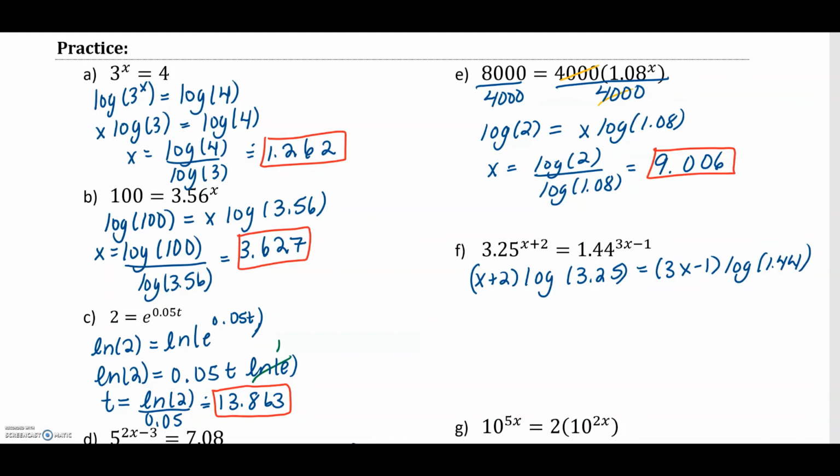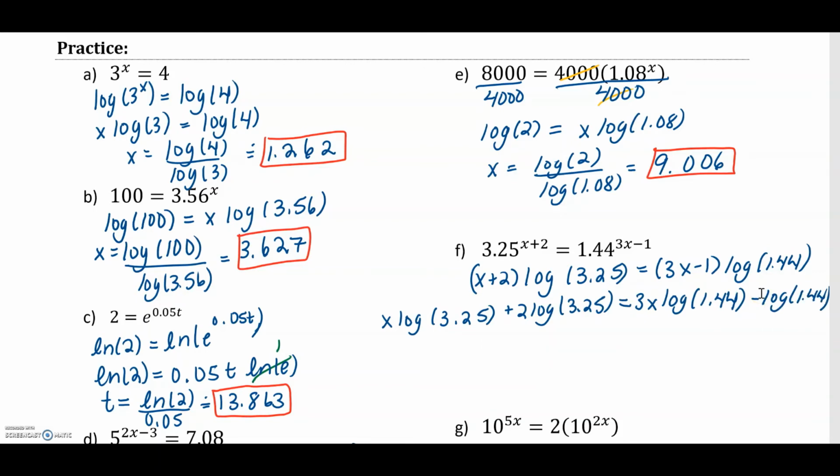In part F, we start by taking the log of both sides of the equation to bring both the exponents out front of the logs. Now, if we expand out both sides of the equation, we get x times log of 3.25 plus 2 times log of 3.25 is equal to 3x times log of 1.44 minus log of 1.44.